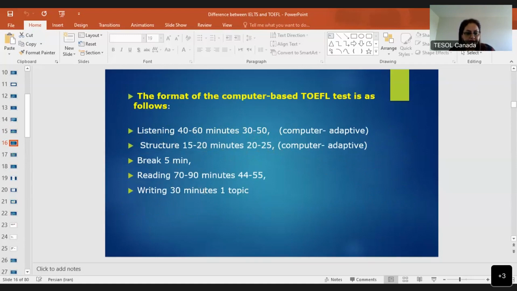Then you have a 5 minute break, and then reading, 45 to 55 minutes, and writing, 30 minutes, one topic. So reading is 44 to 55 questions. If I said it wrongly, I'll correct myself.